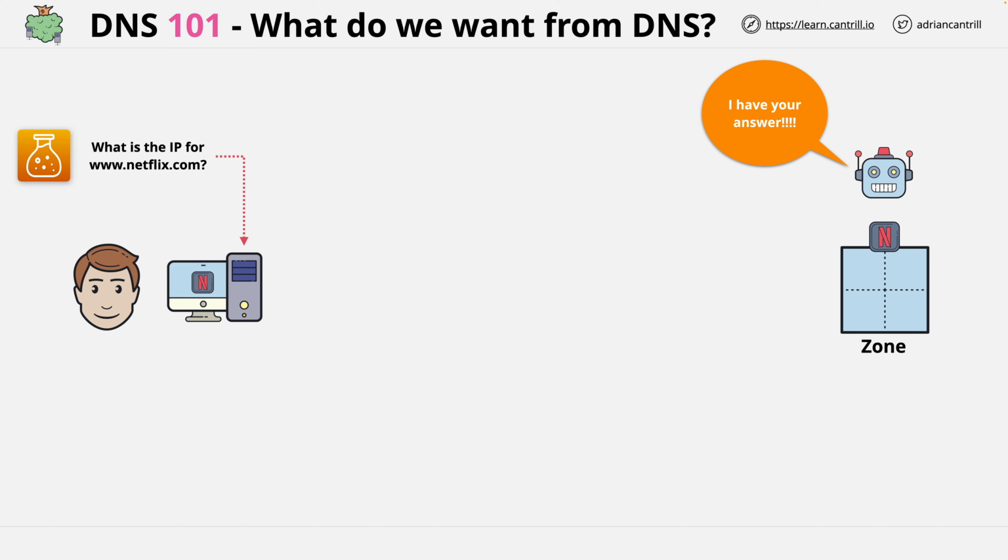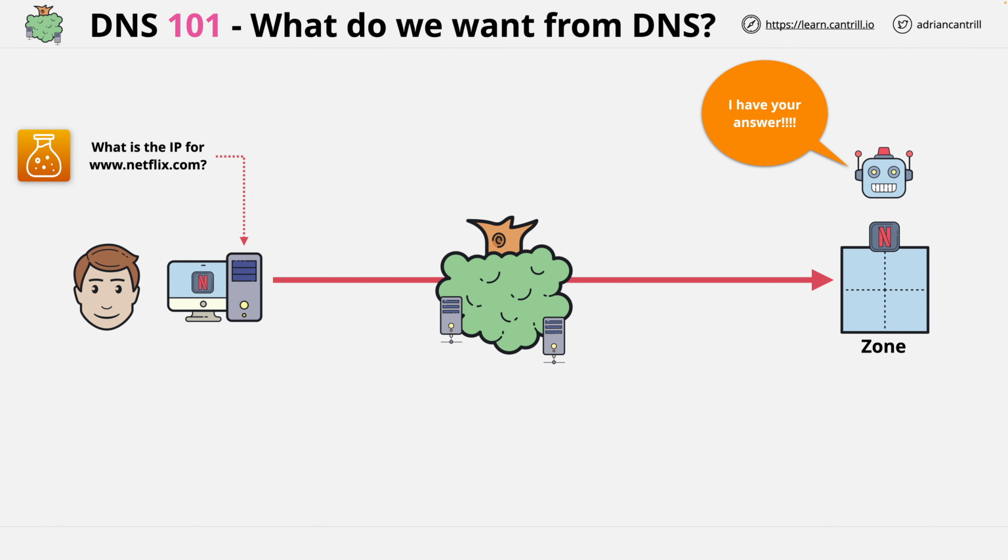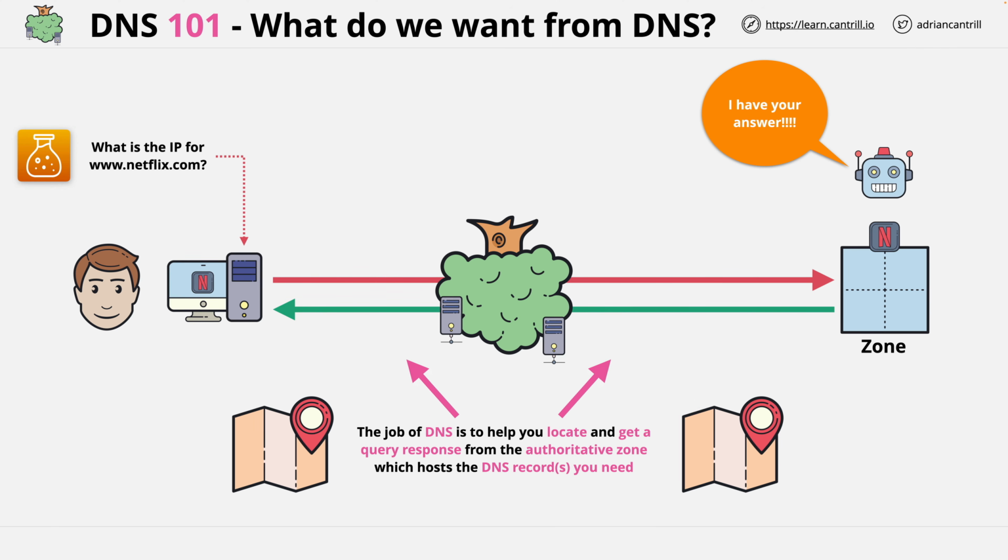The issue is, how do we find this zone? Well, that's what DNS does. It's the job of DNS to allow you to locate the specific DNS zone which can provide you with an authoritative answer. So you can query it and be provided with a response, the IP address or addresses in this example which provide the services for www.netflix.com.